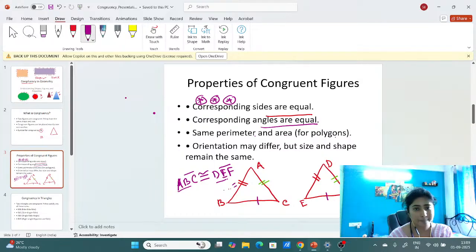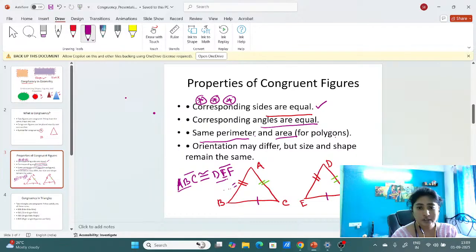Okay, so if two figures are congruent, then if their sides are equal, their angles will always be equal, and they will have the same perimeter, same area, and orientation may differ, but they will always have the same size and shape.